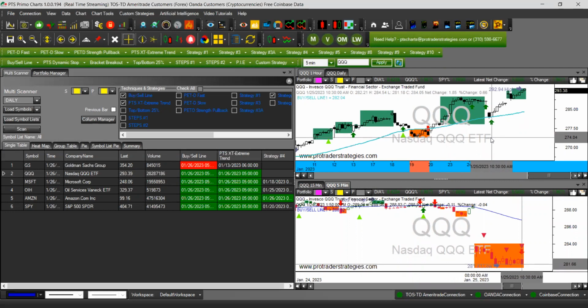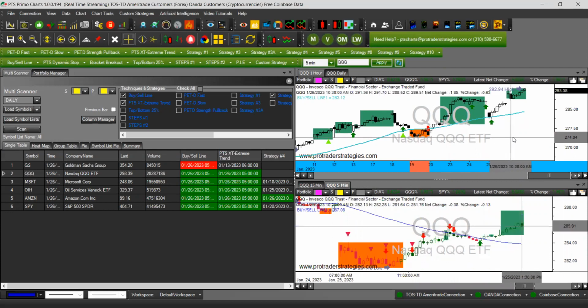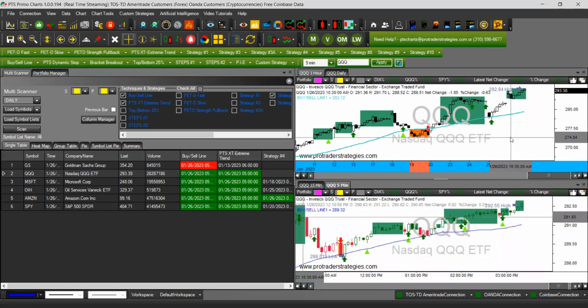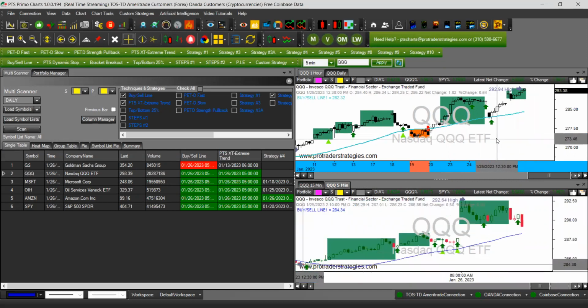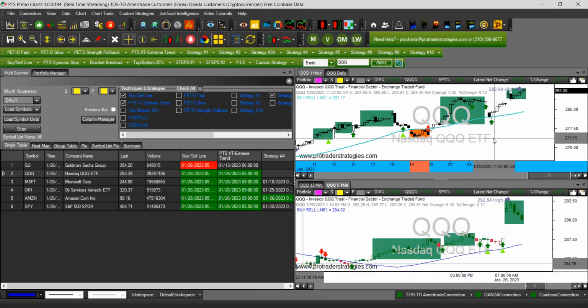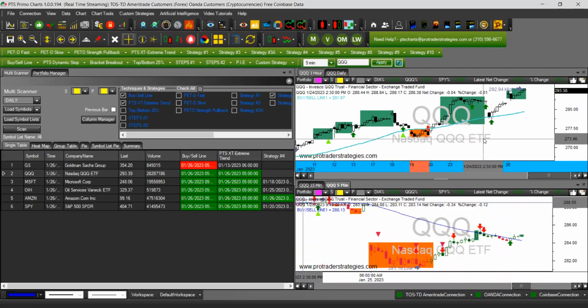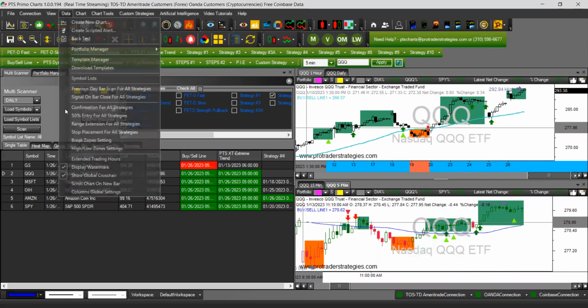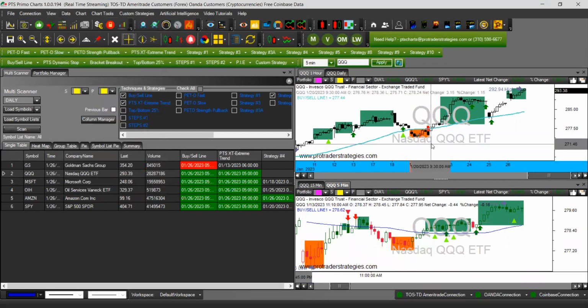Because the upper chart is on a 1 hour time frame and the other one is on a 5-minute time frame, you see that the chart is going to move accordingly. Each time that I move an hour, this one is going to move, I don't know how many candles to the left, looking for the same time frame. So that's the global crosshair, which I really don't like to use because it moves the charts too much, but you may want to use it. It exists if you ask.